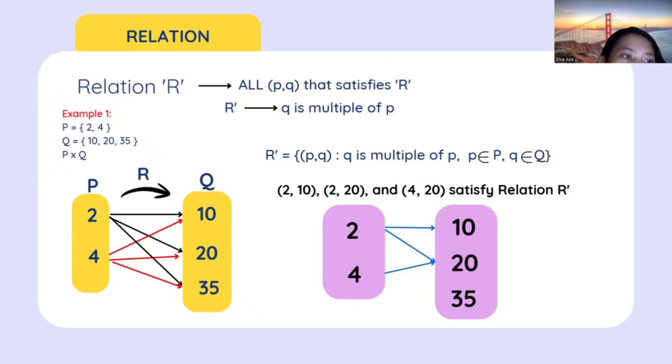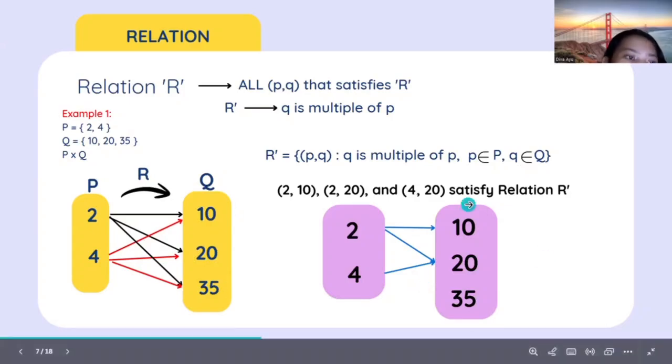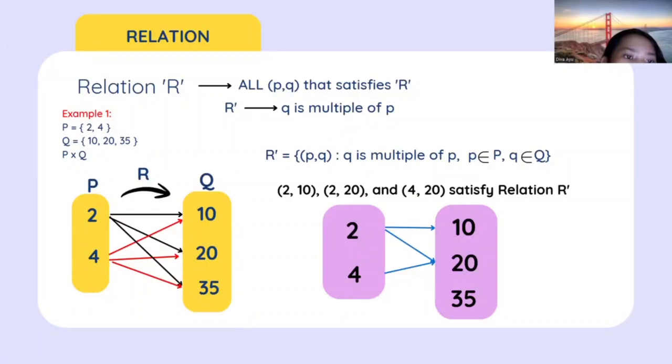Now, let's choose ordered pairs from the Cartesian product P cross Q that satisfy the relation R dash. Look at the ordered pairs in the Cartesian product. Notice that 10 is a multiple of 2, 20 is a multiple of 2, and 20 is a multiple of 4.